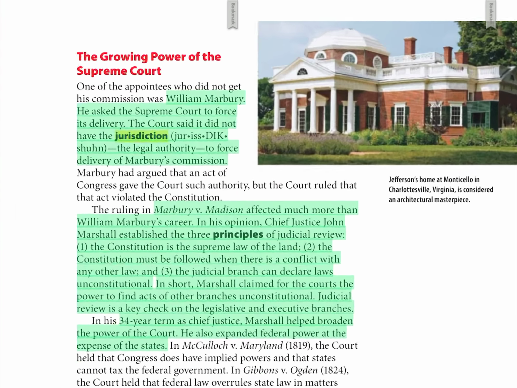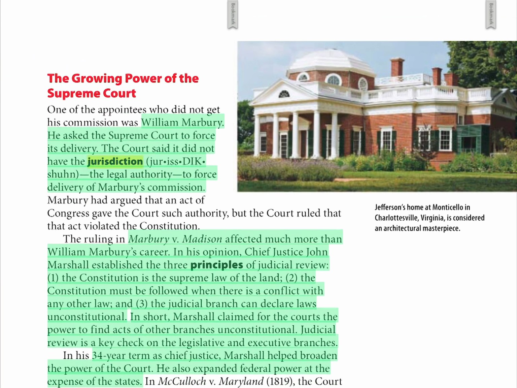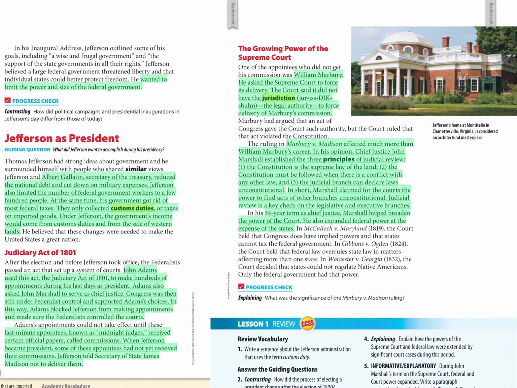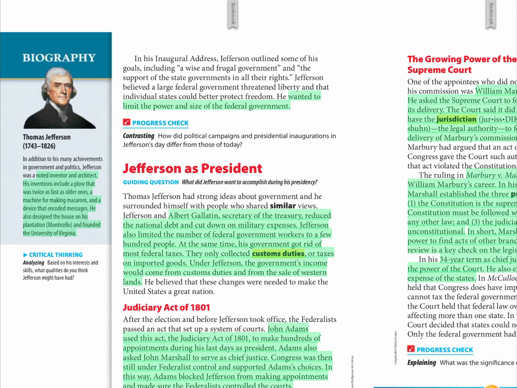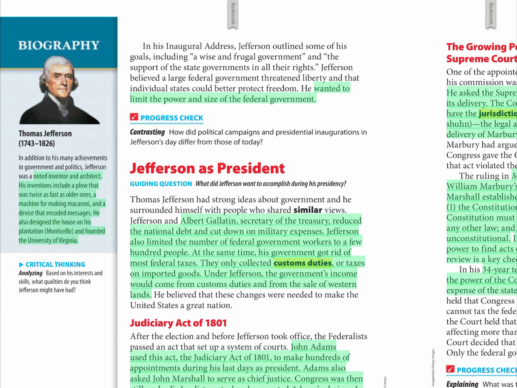Here is also a picture of Monticello. That is Jefferson's home that he actually designed, and his big plantation was one of the places that we visit when we're in DC. And over here they have a little bit about him. As well as being obviously very big in the government, he was also an architect.